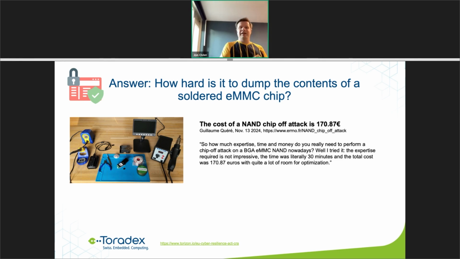The cost of a NAND chip-off attack is 170 euros. And to quote directly from that article by Guillaume Guéret, so how much expertise, time, and money do you really need to perform a chip-off attack on a BGA eMMC NAND nowadays? Well, I tried.